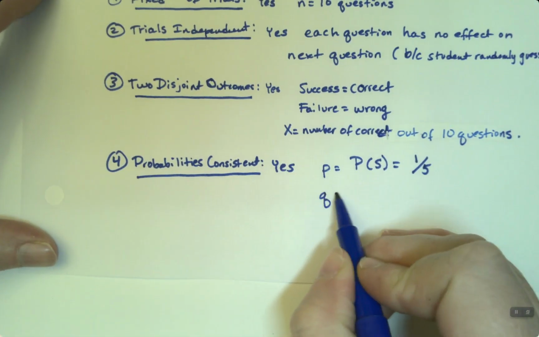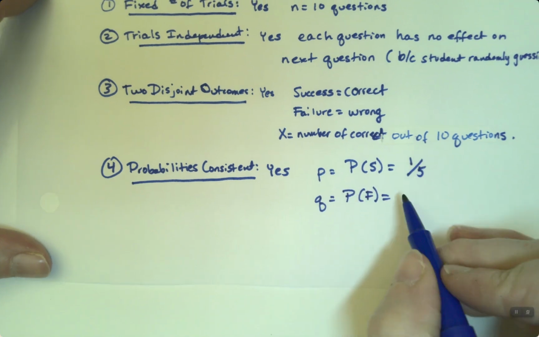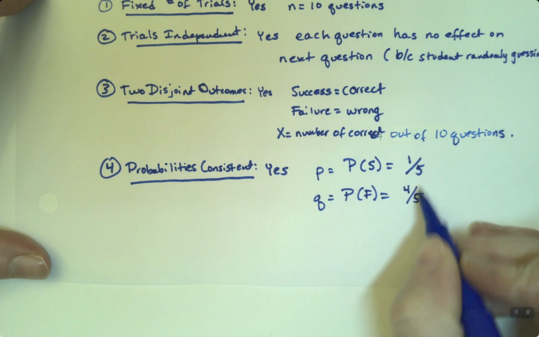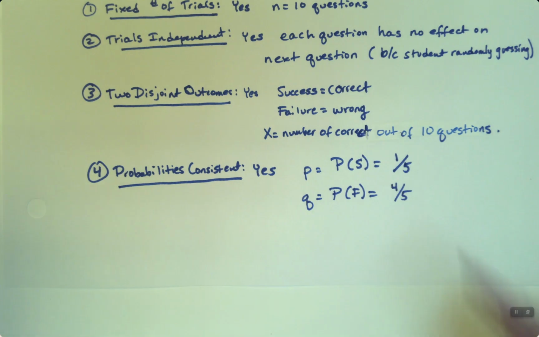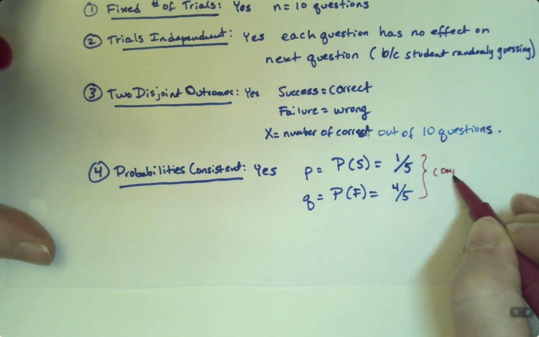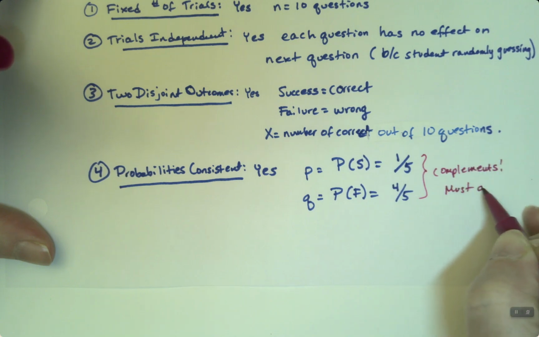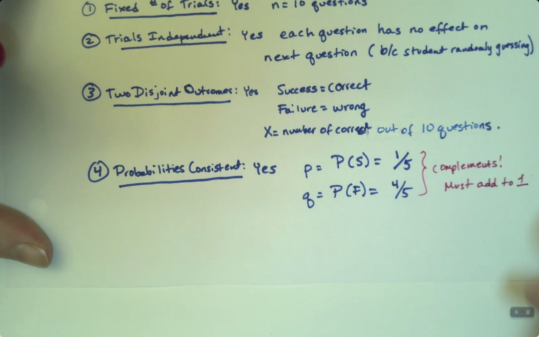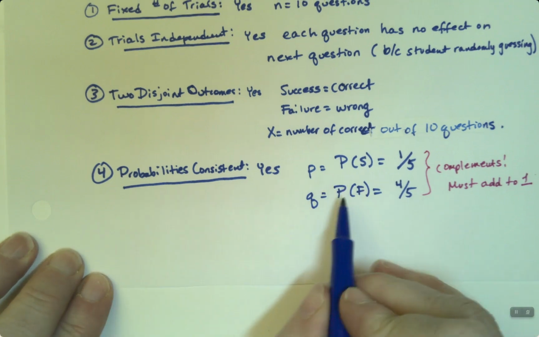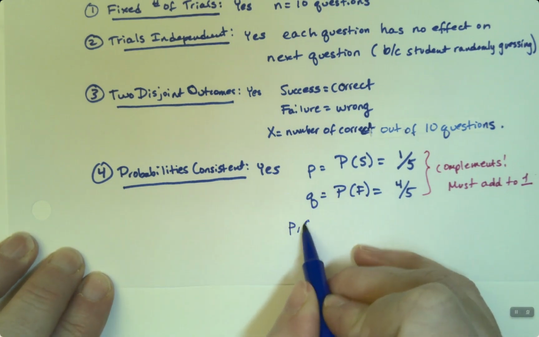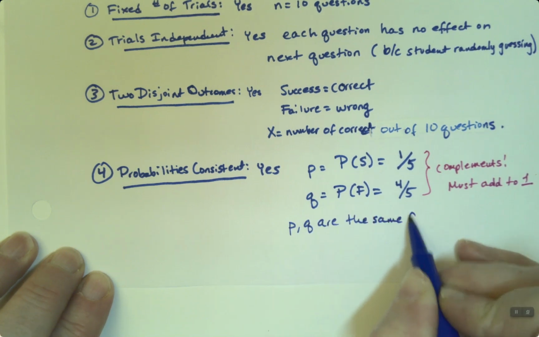And the Q, which is the probability of failure, would be the remainder. It would be 4 out of 5. They're complements of each other. They have to add up to 1. And it's consistent for each question. So these values, P and Q, are the same for each question, for each trial.